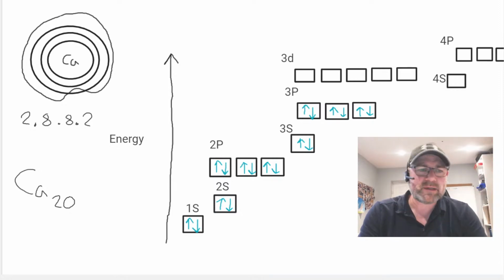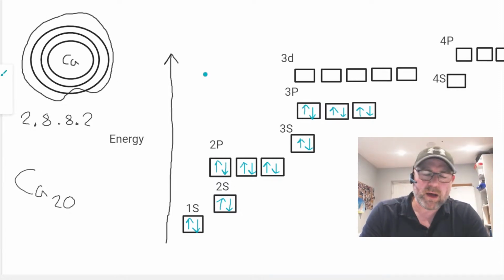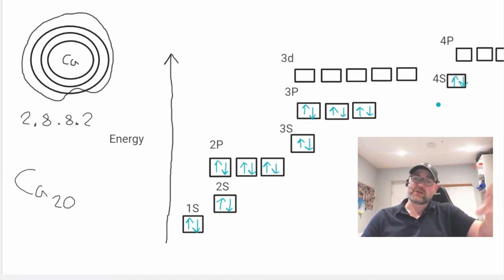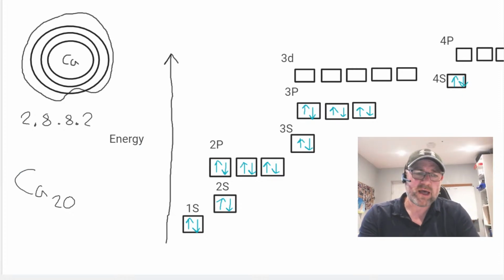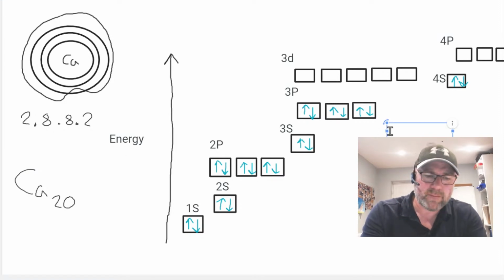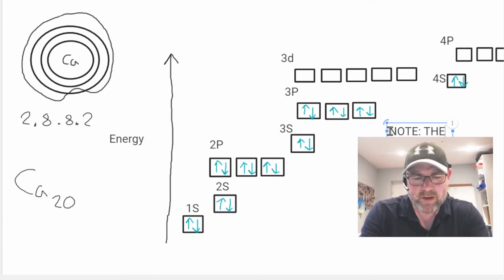That's what happens, and you just have to remember that the 4s fills up before the 3d. So actually calcium has no electrons in the 3d, it fills the 4s first, and that's for all atoms. So note the 4s orbital fills up before the 3d subshell.